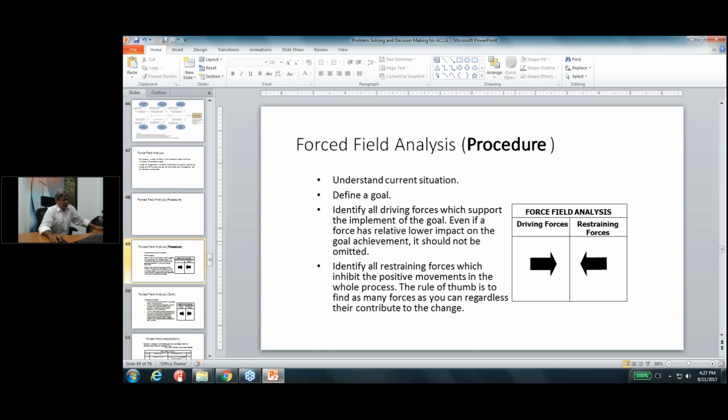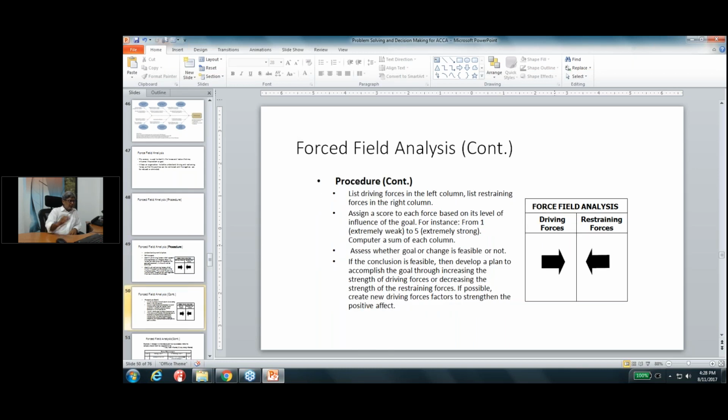For any problem that we are facing and need to resolve, there are certain driving forces associated with it, and there are certain restraining forces associated with it. We need to list down all the driving forces and all the restraining forces that are identified.